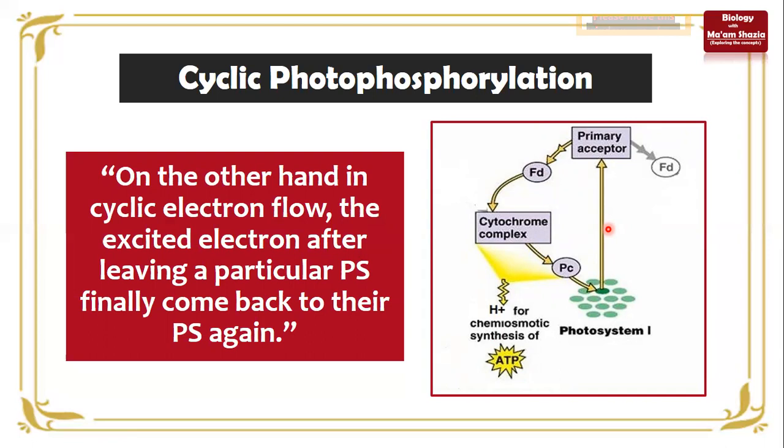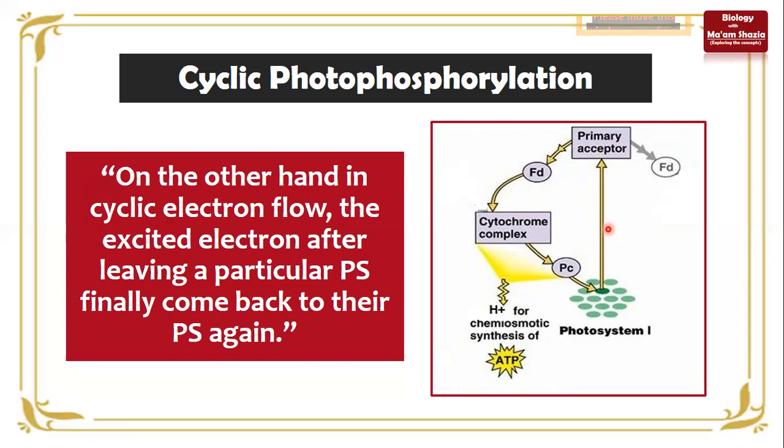So instead of producing NADPH, which is responsible for the Calvin cycle, the next cycle, the plant goes for the production of ATP, as it needs. The plant may have some infection, or be under some stress. Or one thing more: if there is a high increase of NADPH, then in this case as well the plant will go for cyclic photophosphorylation and stop the further production of NADPH.